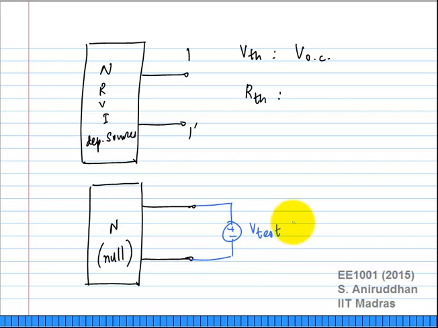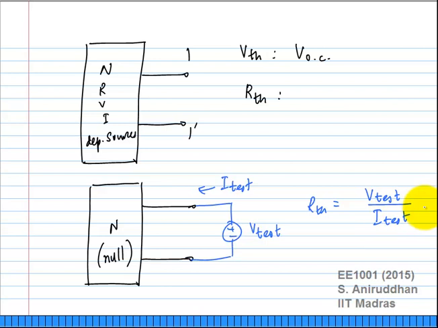I would apply a test voltage across these terminals and I would find out what test current it takes. Okay, there will be some current flowing through it and I can calculate R Thevenin as V test by I test, right? This is the obvious way of doing this.